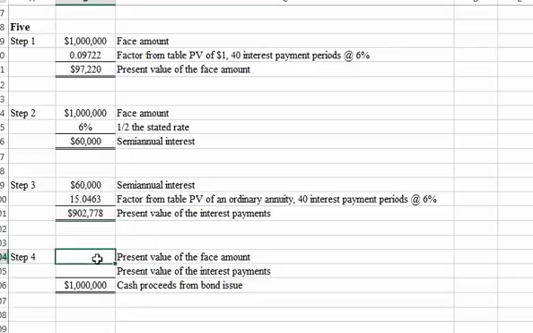Let's see how close it got. We'll take the present value of the face amount, $97,220, and the present value of the interest payments, $902,778.